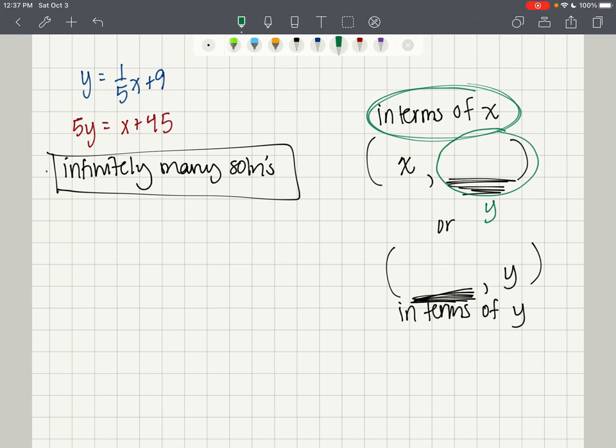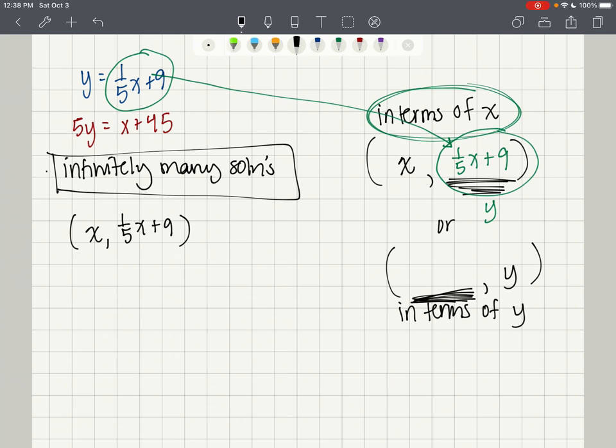Well, what is y equal to? y is equal to 1/5 x plus 9. So one of my answers could be x comma 1/5 x plus 9. So for infinitely many solutions, I could write the answer as an ordered pair in terms of x.